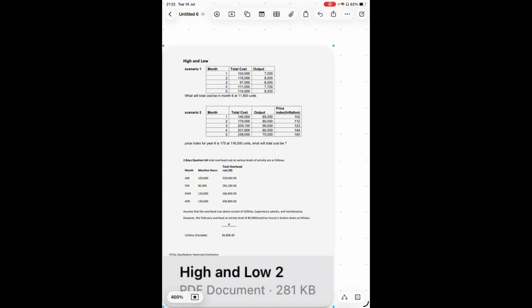Once you get it, the next thing is to look for the variable cost per unit. Once you have that, you are done. It's quite easy, because you just look at the figures given and estimate the total fixed cost and the variable cost per unit.